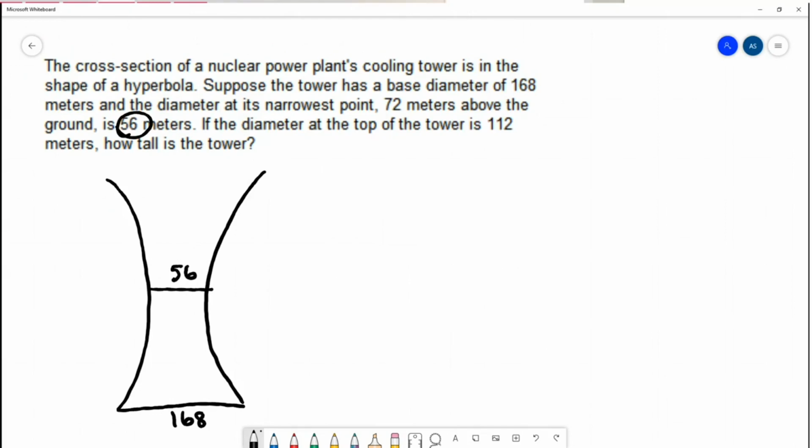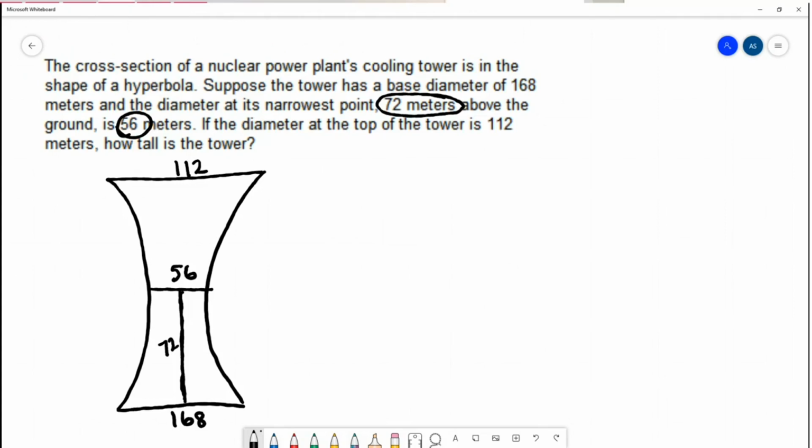And then at the top of the tower, it has a diameter of 112. And it also mentions here that this narrowest point occurs 72 meters above the ground.